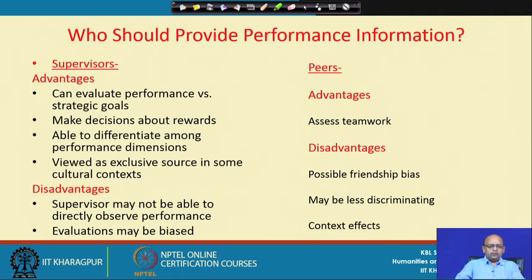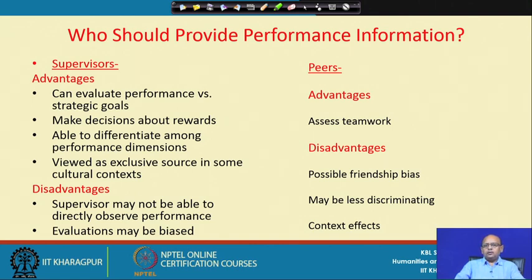Now, if you look at supervisors providing the data related to performance, since he is involved in identifying goals and aligning them with the strategic goals of the organization, it is always good to involve supervisors, because he is going to see that based upon your performance you get the reward, and he will be able to differentiate on various dimensions the competencies of performance, how well you have done.